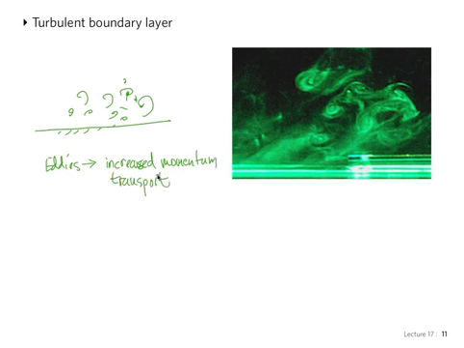So the fluid can adjust much more quickly to the no-slip boundary condition because momentum quickly at a distance from the plate gets transferred from different layers of the flow. So the boundary layer thickness is less for a turbulent boundary layer, and the shear stress is larger for turbulent.